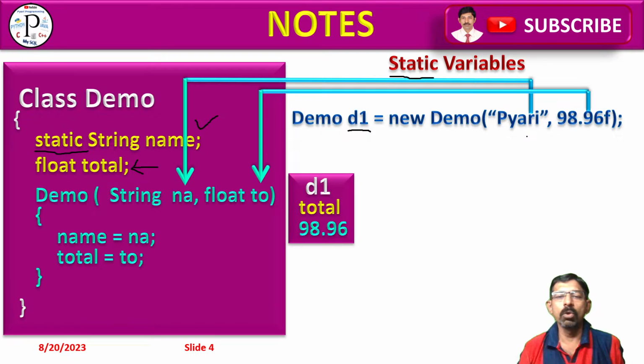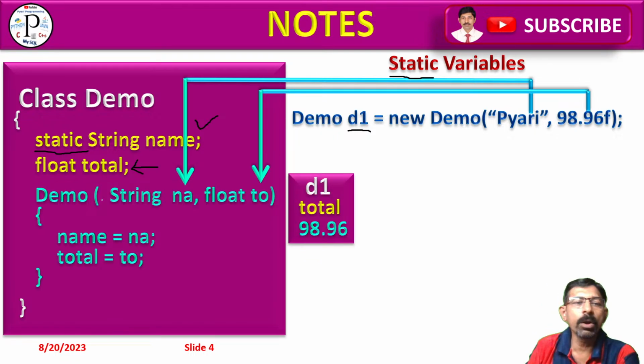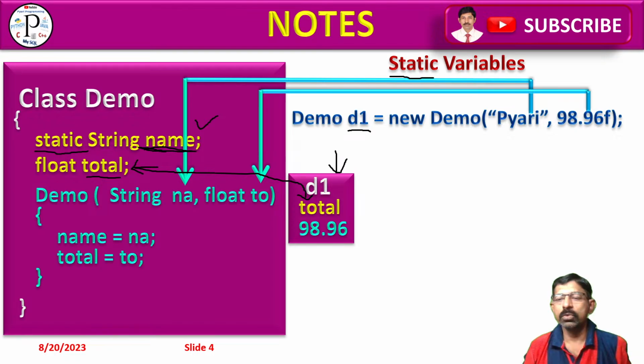Now look over here, it is providing a copy of total to the D1 object to store the data, but it is not providing name, because it does not belong to the object, it belongs to the class. Understood this one? Now understood the first object?